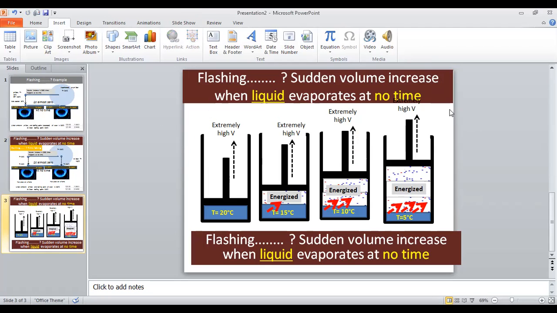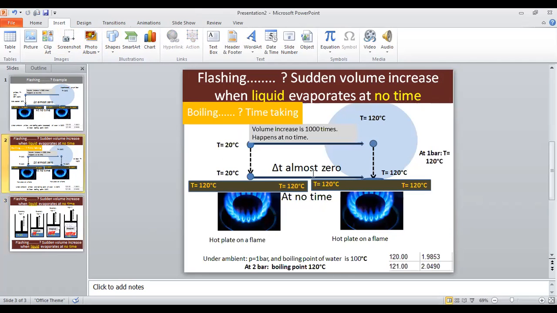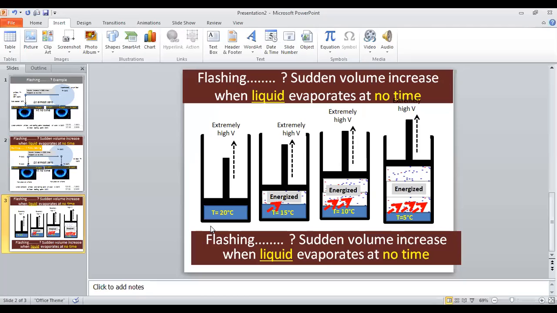So from here to here, if you think of time, here you have delta t. I will take the same delta t here.